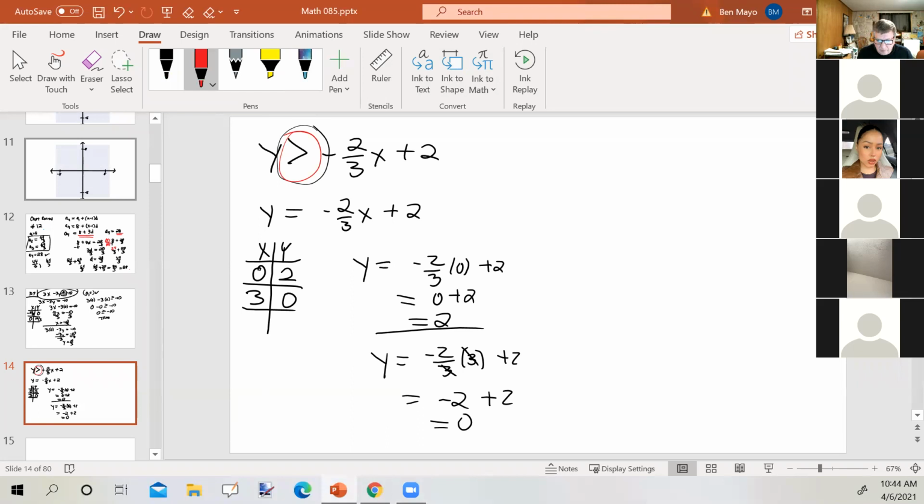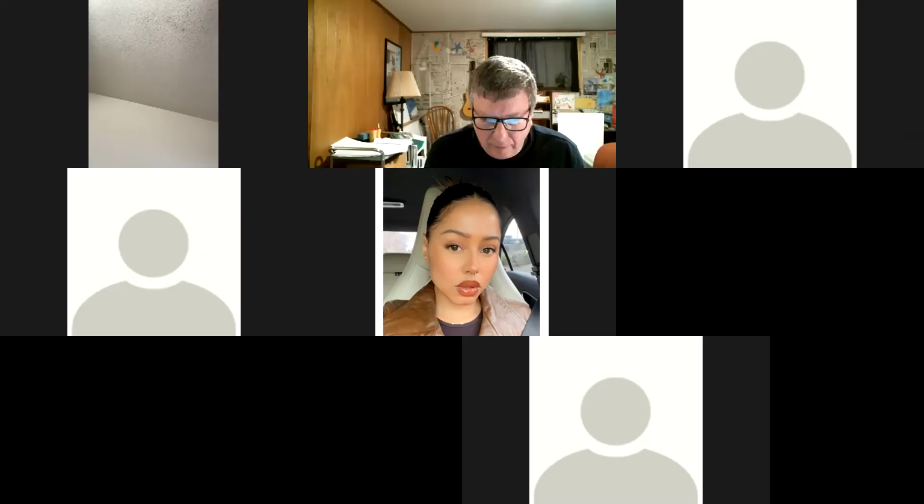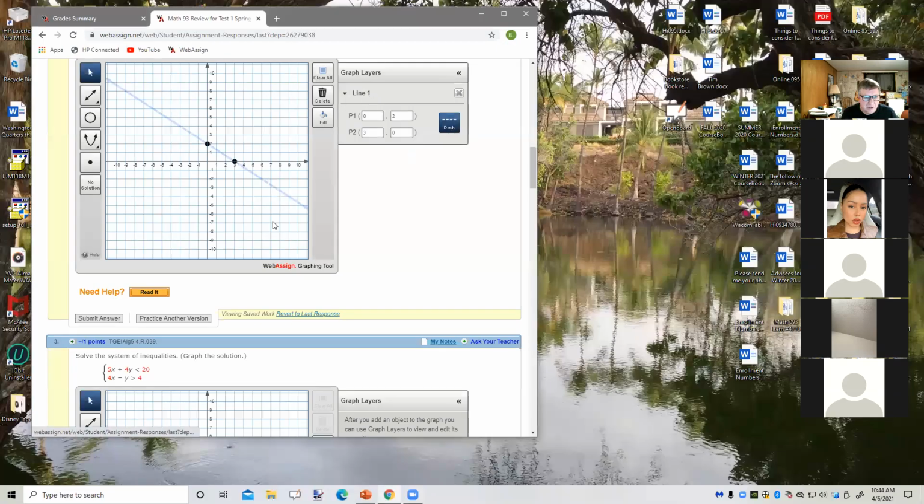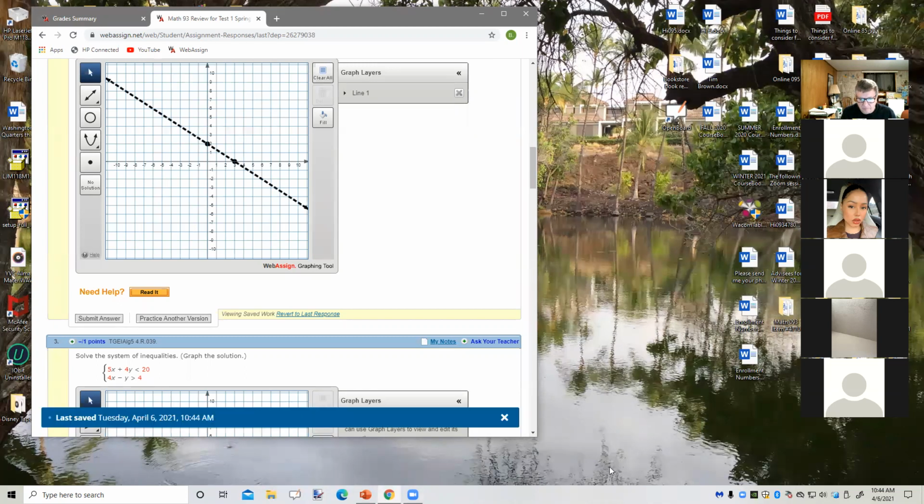Therefore, our graph needs to be dashed. Okay? Now, we need to pick a test point. Let's go with 0, 0 since it's not on the line and it's a good point to use.